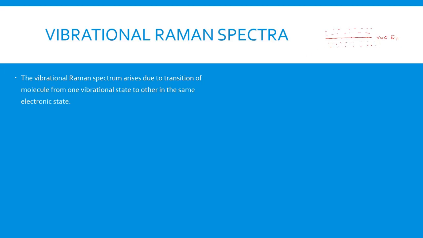Therefore, when a transition occurs between these energy states, it will give you the vibrational Raman spectra.